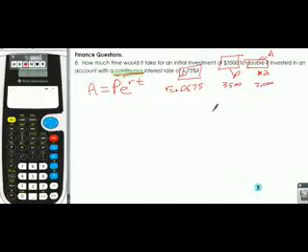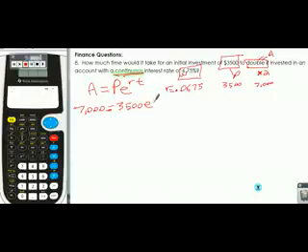Well, now I have identified my R, my P, and my A. I can plug in directly into my formula. A being my future value of $7,000 equals P, my principal, my initial value of $3,500 times E raised to the power of RT.